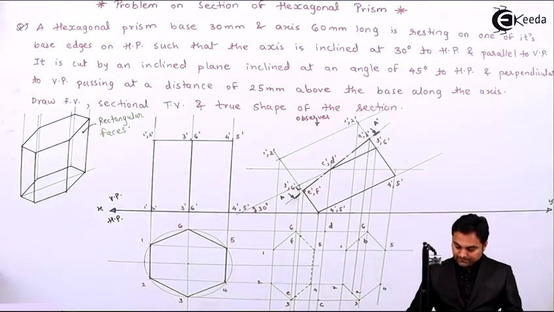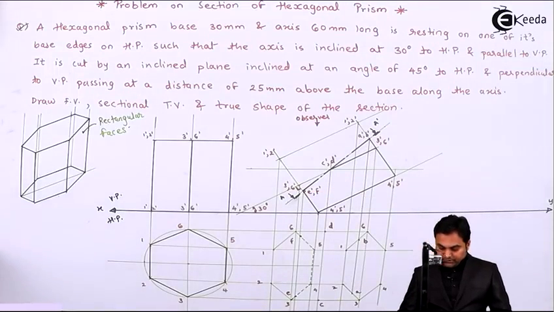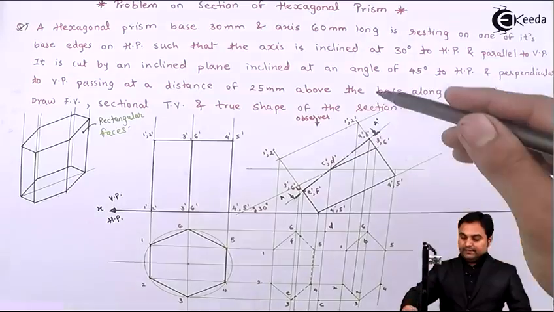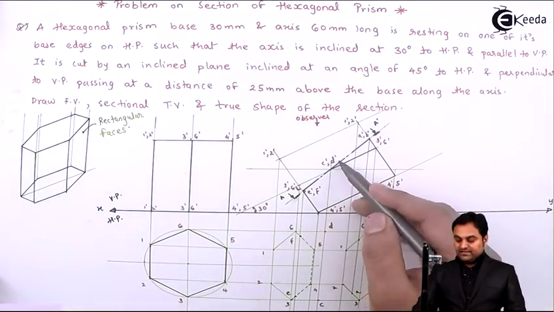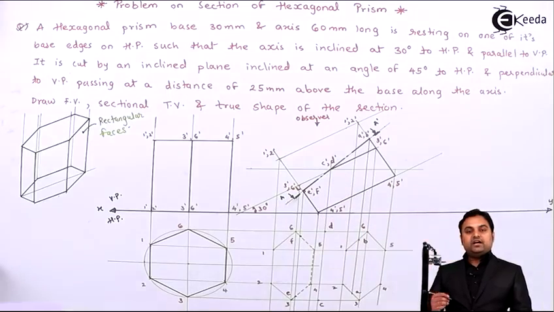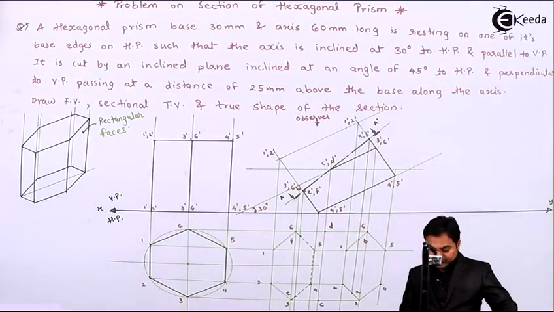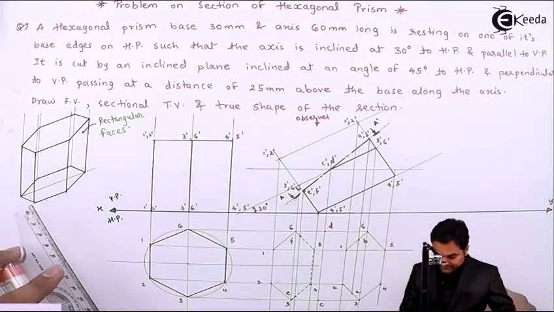Now joining these points in the proper sequence, as an observer, all the 6 points, that is A dash, B dash, C dash, D dash, E dash and F dash, are visible to me. So connecting them in order, A, B is already there.